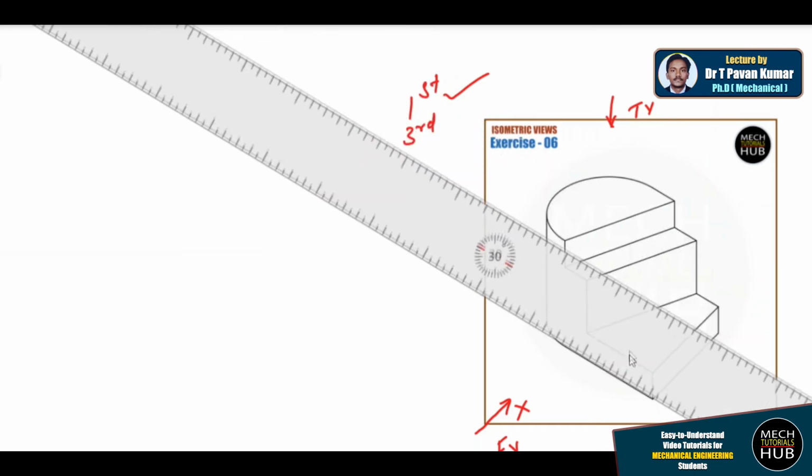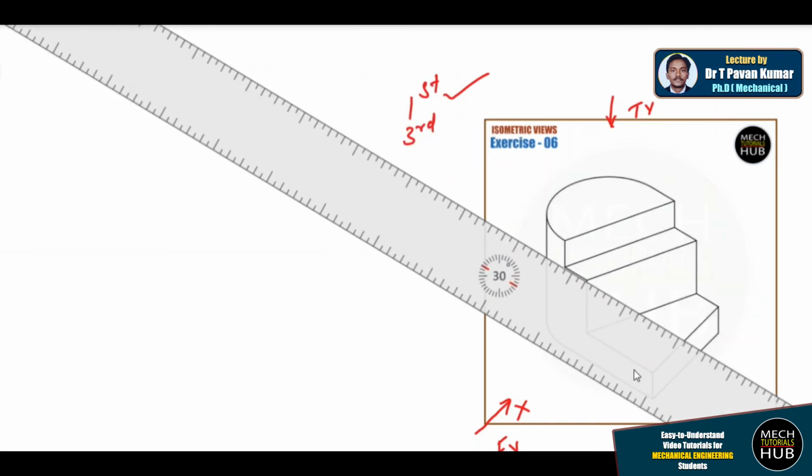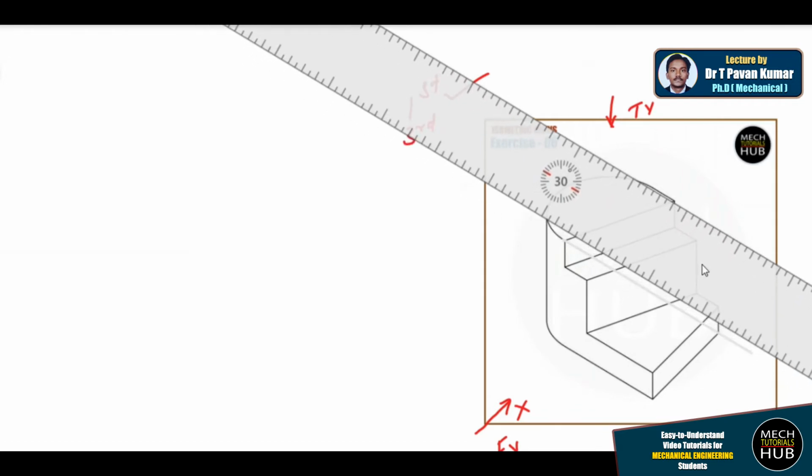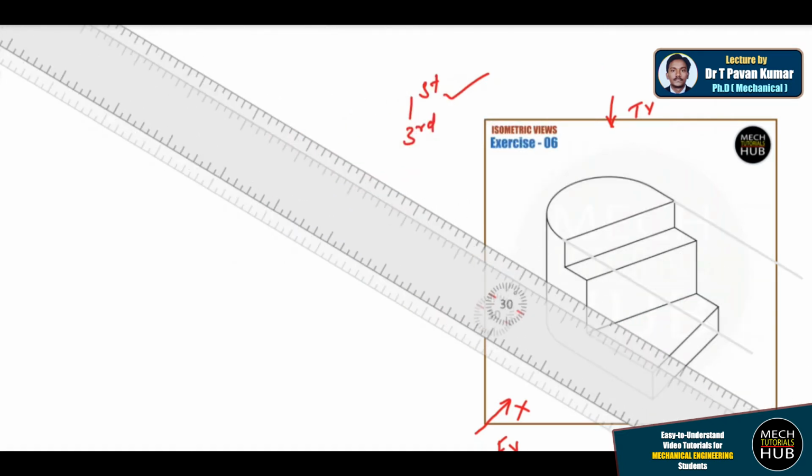Have a look. I'm maintaining this because isometric is nothing but all the horizontals maintaining an angle of 30 degrees, while verticals remain vertical, at 90 degrees. So at these 2 points I'll draw a simple extension line, a construction line.